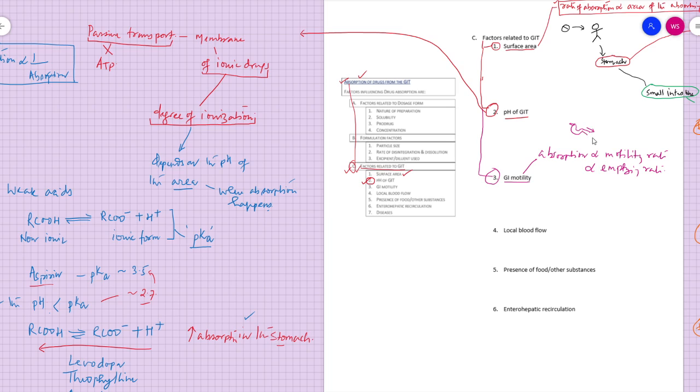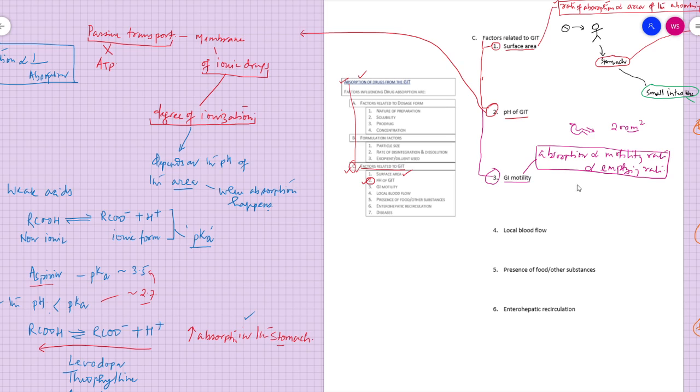And faster emptying would mean that the drugs are reaching this large area of the small intestine, approximately 200 meters square, faster. If it reaches that area faster, obviously there would be faster absorption. So therefore we have this rule of thumb: absorption is directly proportional to the motility rate and directly proportional to the emptying rate. But this is within physiological limits.